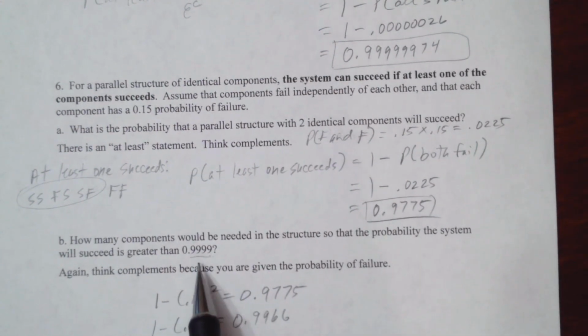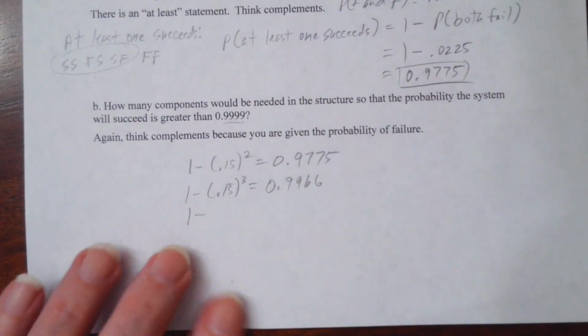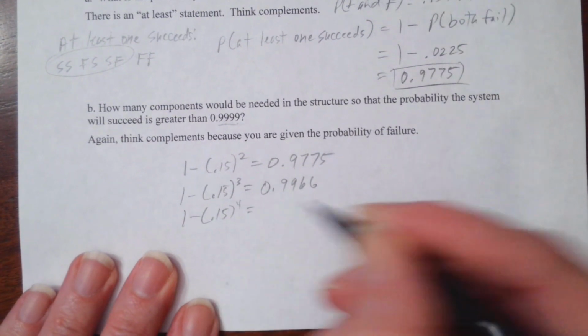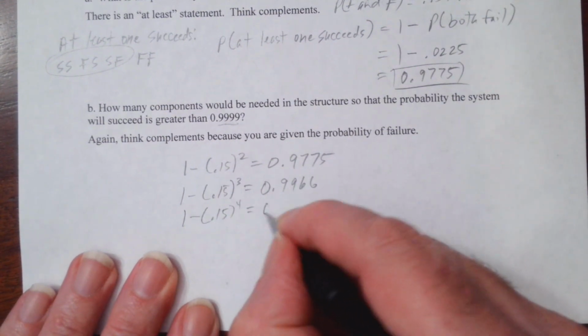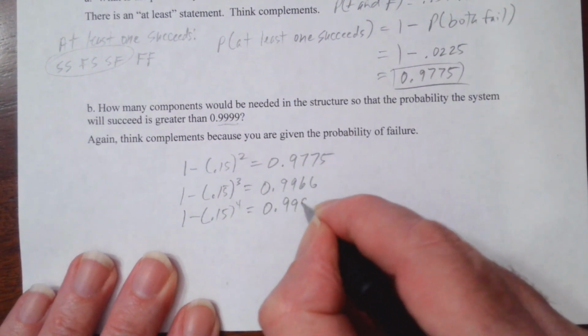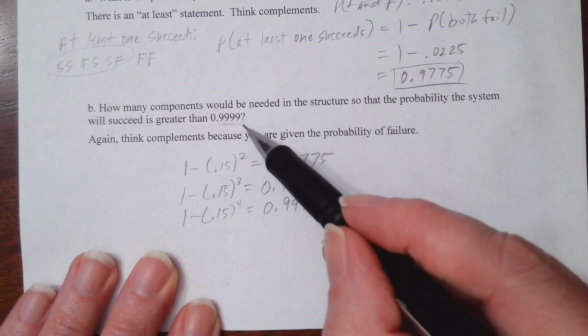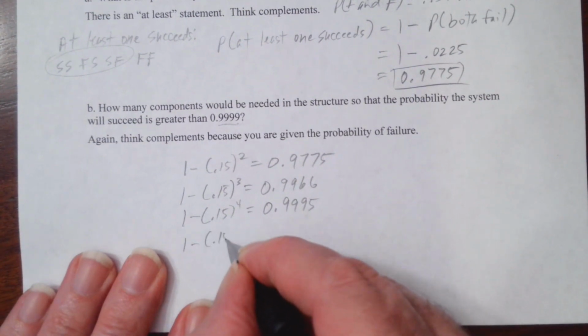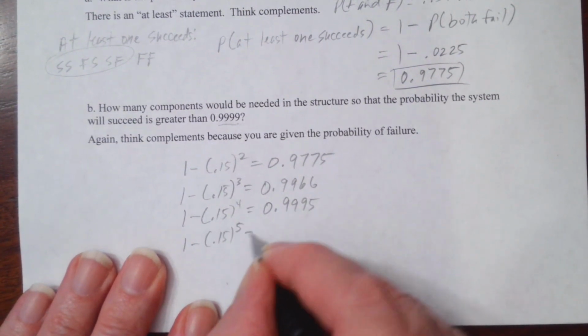If you find that probability, you should get 0.9966. So that's not big enough. So let's do it again. So 0.15 to the fourth power, if you find that, you're going to get 0.9995. So we're getting close, but we're not quite there yet. And so we'll do it one more time to the fifth power.